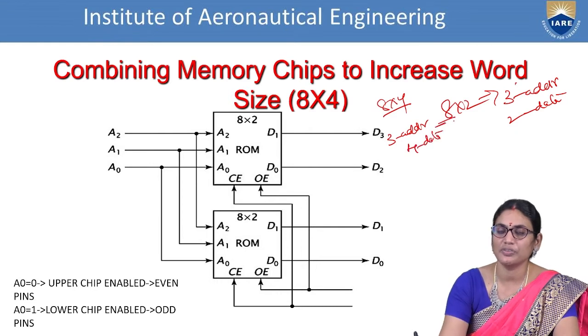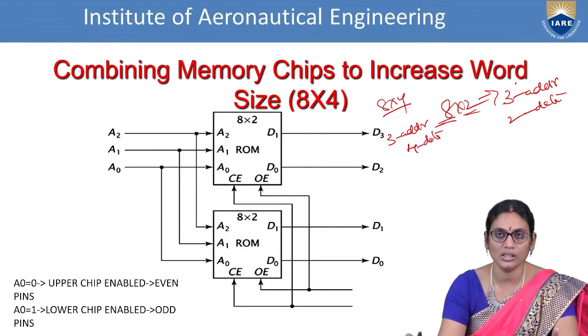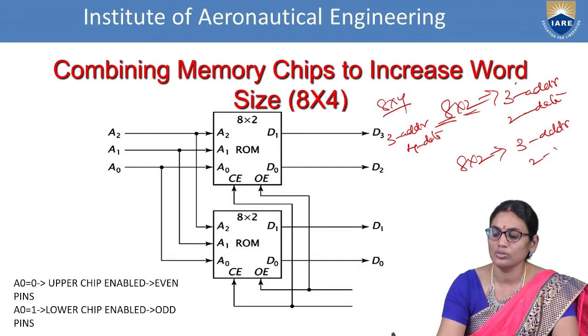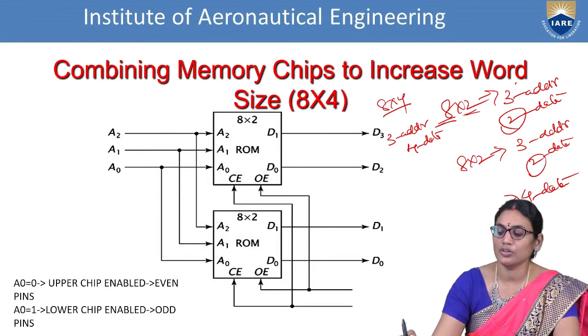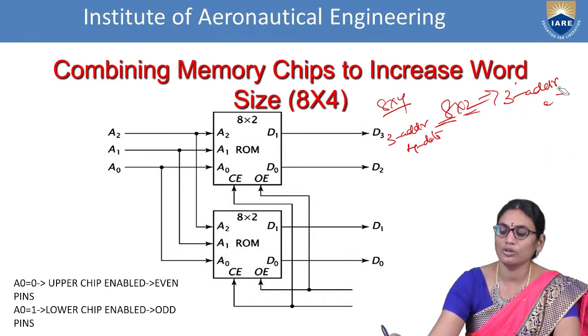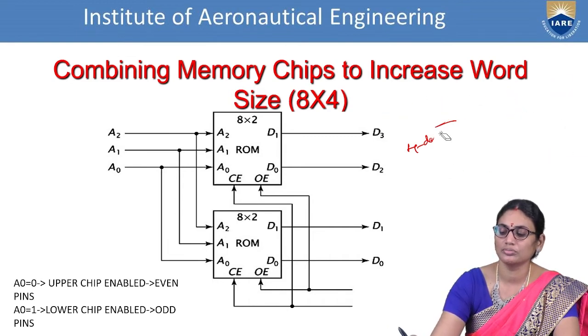So the first figure is not changing. Only the second figure is changing. So we can combine 2 8 by 2 ROM chips: 3 address lines, 2 data lines. This 2 and this 2 will combine to give 4 data lines. Clear? Because of this, we construct it by combining 2 8 by 2 ROM chips.